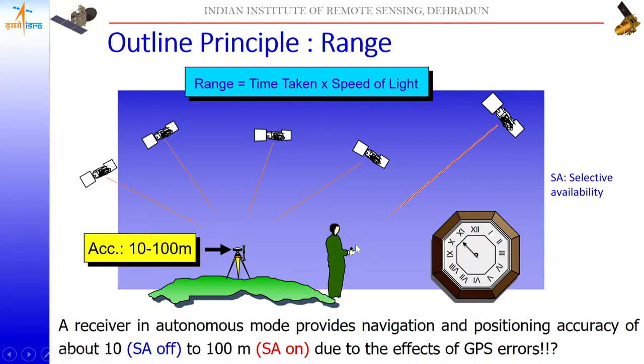Like our mobile, it mainly provides the position using L1C or L2C, depending on how the mobile chip has been designed to provide the location.